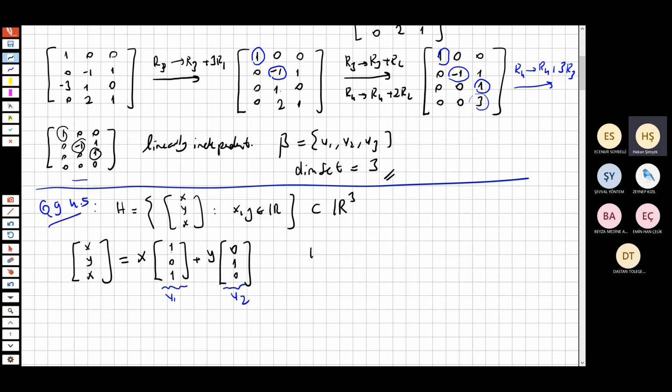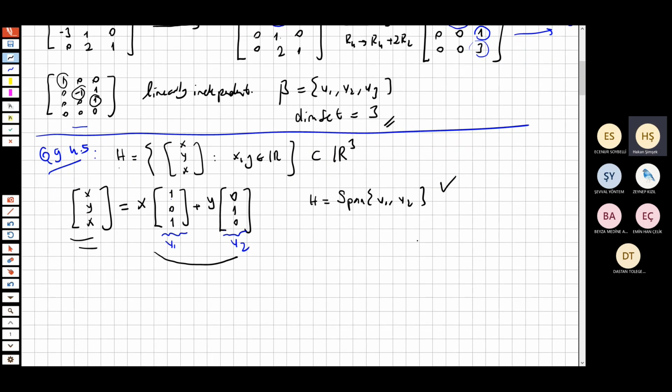So H can be written as span V1, V2 because every vector in the set can be written as a linear combination of the vectors V1 and V2. Namely, the second condition is okay. What about the first condition? How can we say these vectors are linearly independent or dependent?